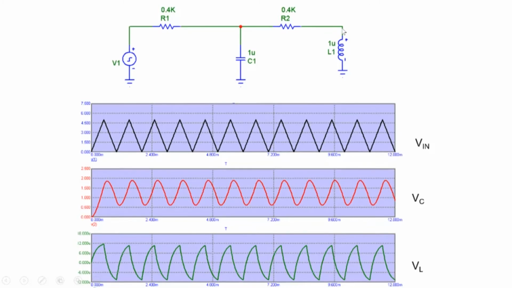If I look at the output at the inductor here, that looks like an exponential charging and discharging, a sawtooth kind of behavior, but not a perfect sawtooth. So the point that we just made was that when you drive your circuit with a triangular wave, the signals everywhere in the circuit are not triangular anymore.